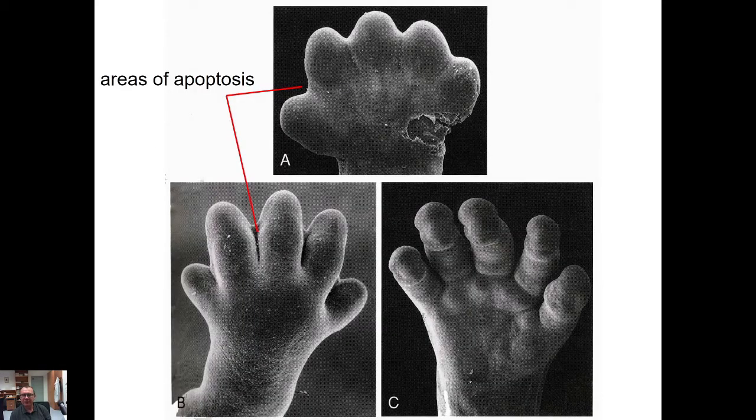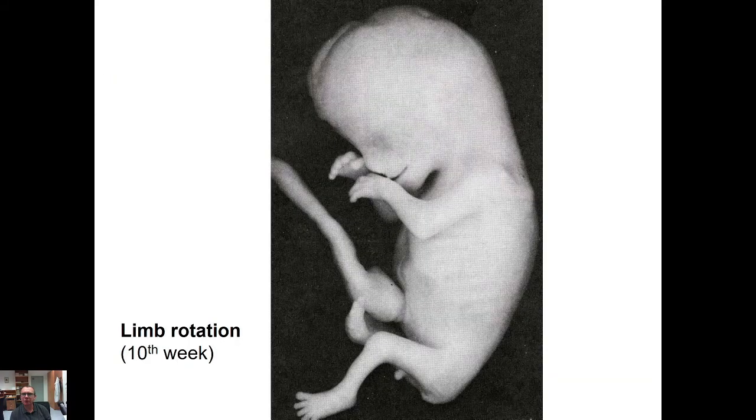Apoptosis, as I already said, is important for the formation of fingers. And limbs will rotate during the fetal development. You can see the 10th week, that means a young fetus.